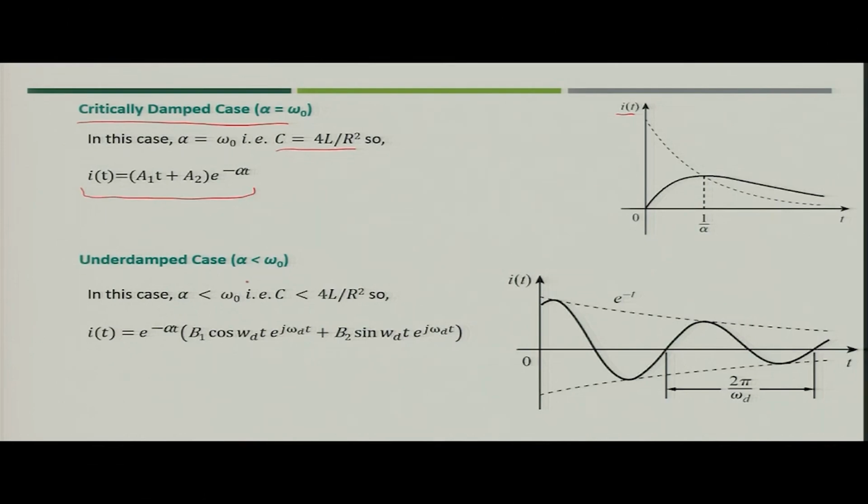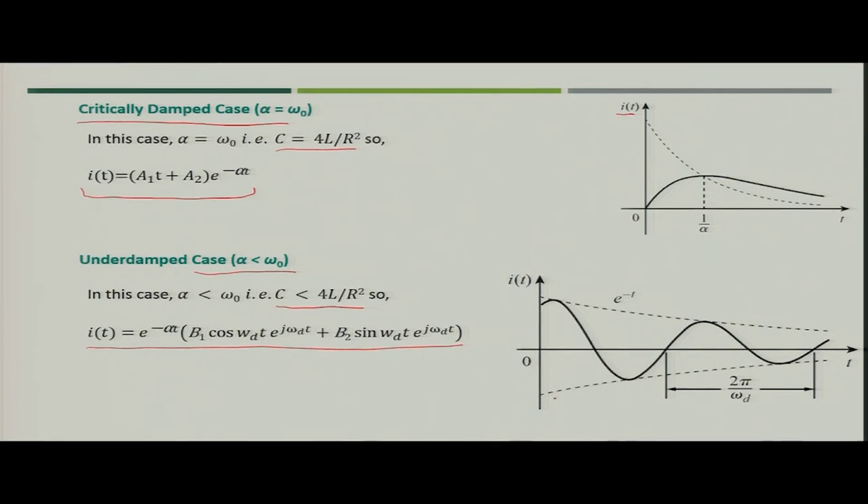The third case we discussed was alpha less than omega naught. In that case, C was less than 4L by R square, and the current equation had an exponential term as well as sine and cosine terms.